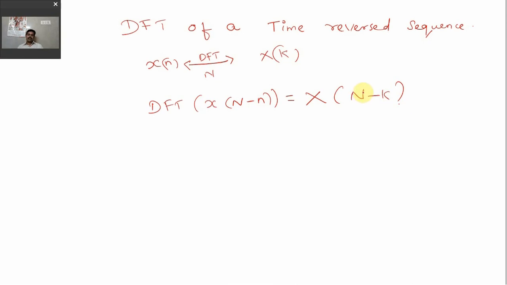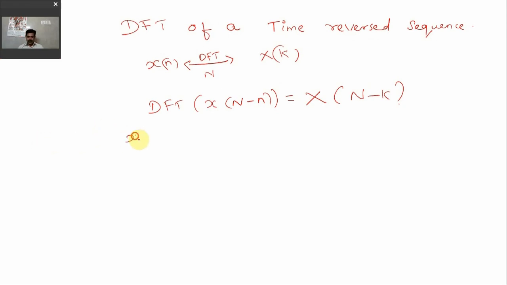So this is the next property. If you are reversing your time domain sequence, then the frequency domain sequence will also get reversed.